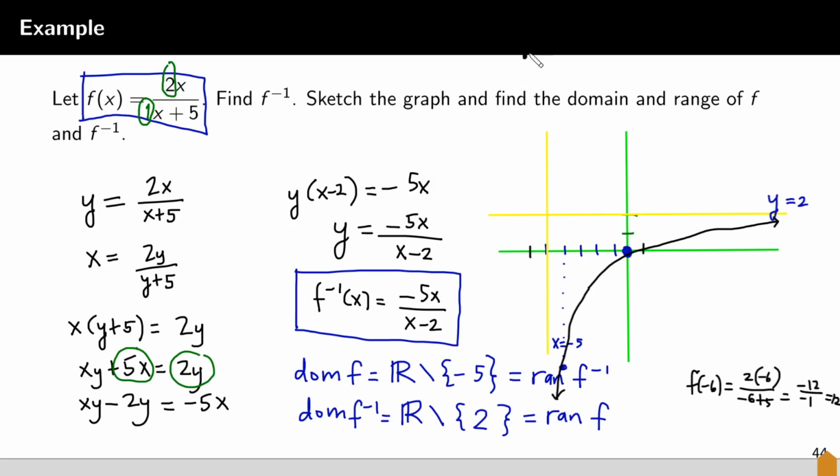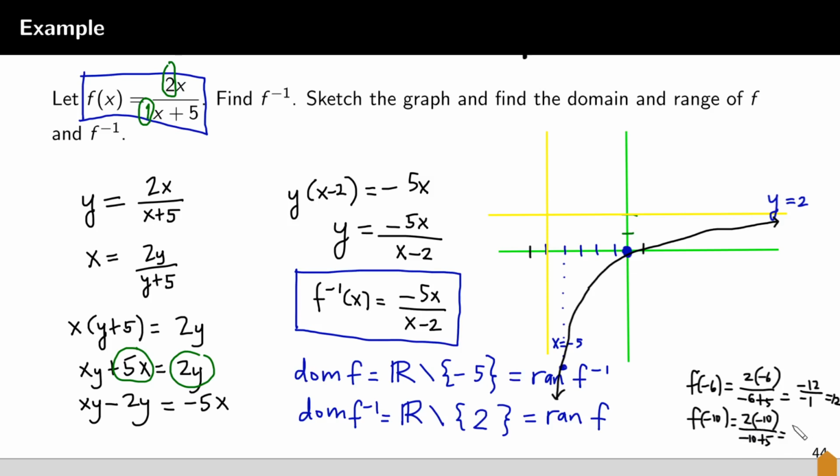And then, what would be a good value? F of negative 10. Okay. So 2 times negative 10 divided by negative 10 plus 5. Okay.